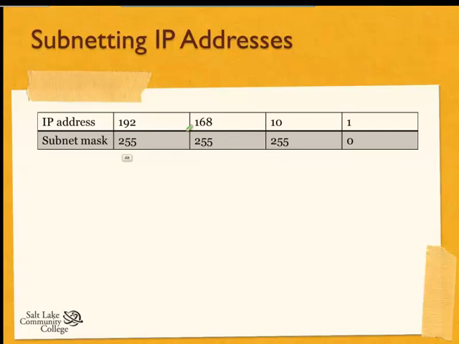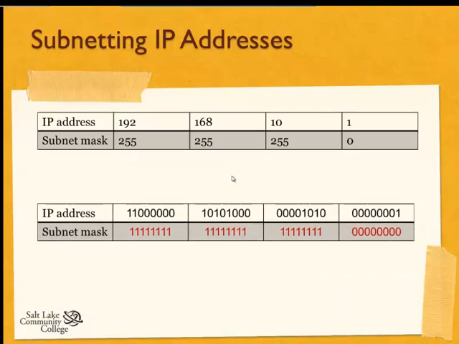Now, this is the decimal way of looking at this. And here's its binary representation. As you can see, we have the IP address up on top and the mask. The mask, once again, is showing us which part of this is network.